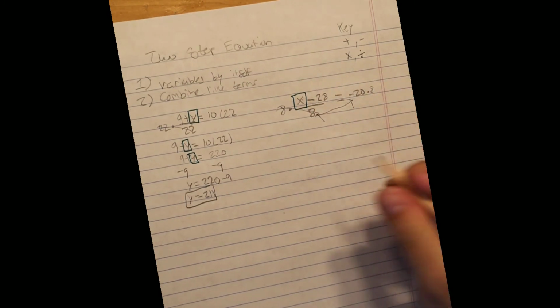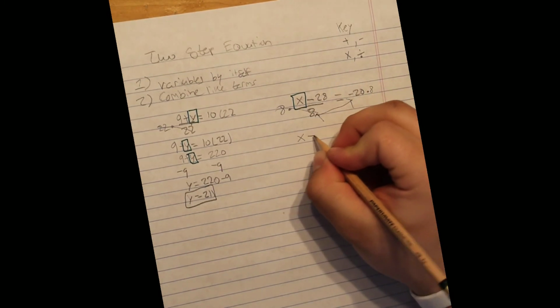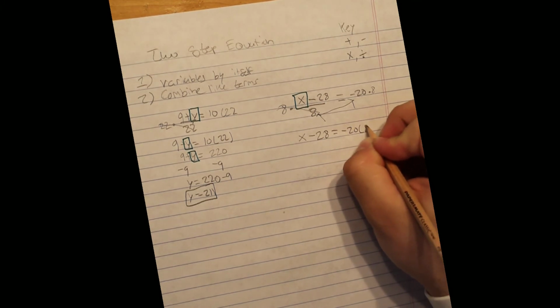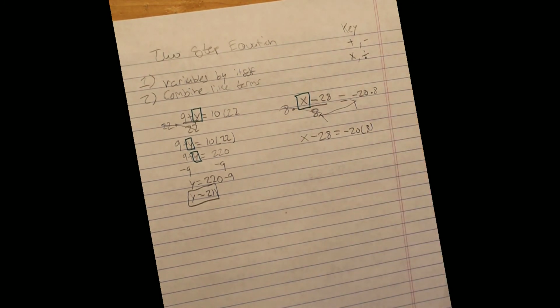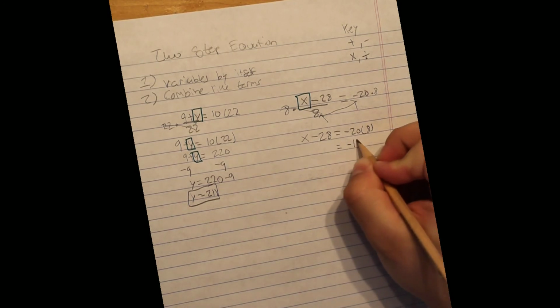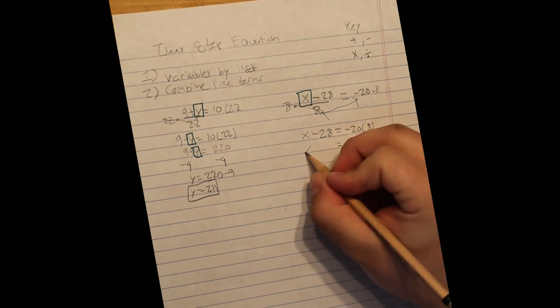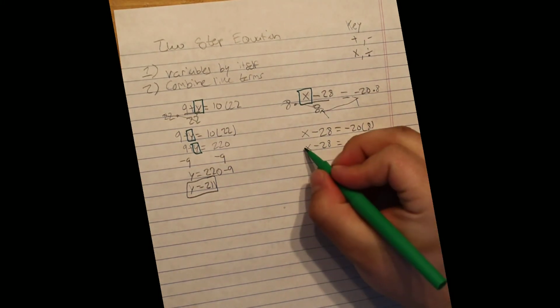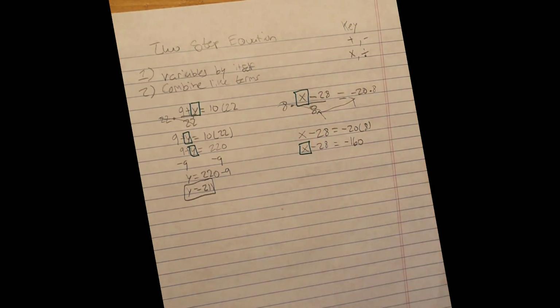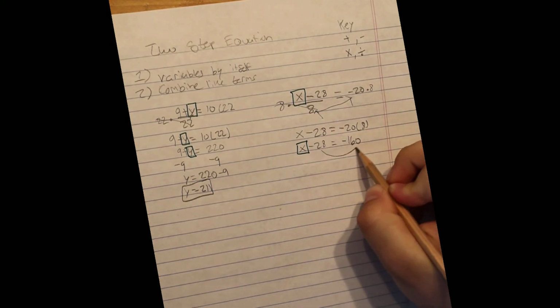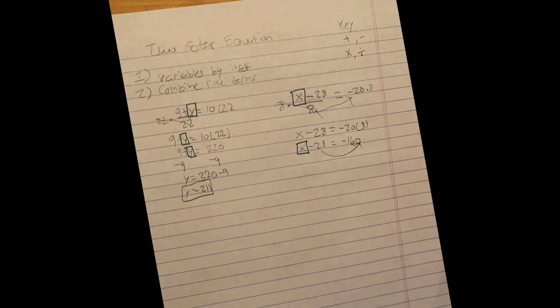These 8's cancel out. So we are left with x minus 28 equals negative 20 times 8, which is the same thing as negative 160. x minus 28. Now, our variable is still not by itself. So, what we need to do is move this 28 to the right side.